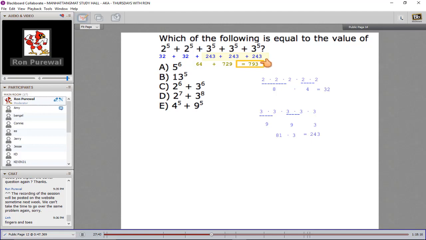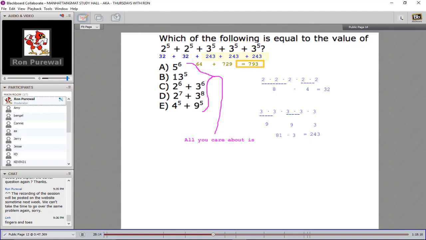You just care whether or not it equals this. A lot of people just go on autopilot and actually calculate out the values of all 5 answer choices. Don't do that. The point here is just to see whether these are equal to 793 or not.